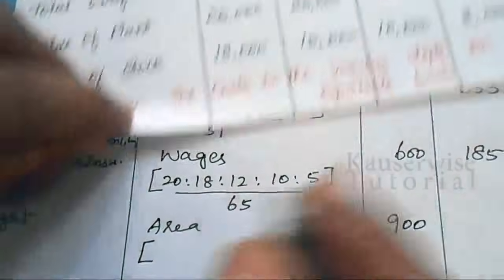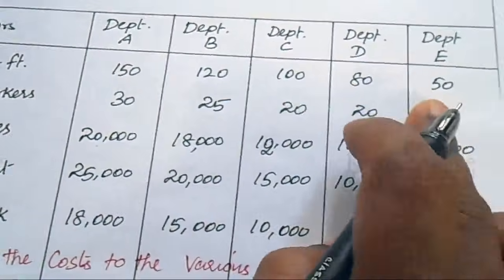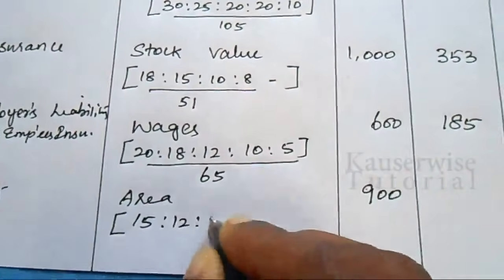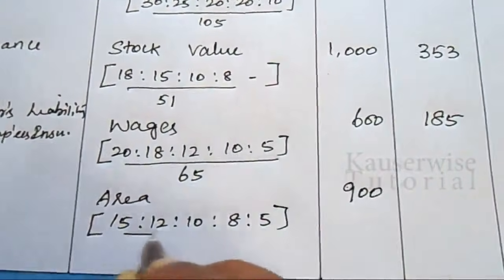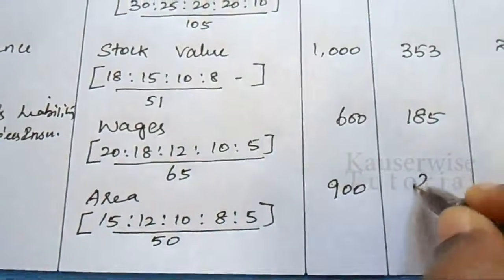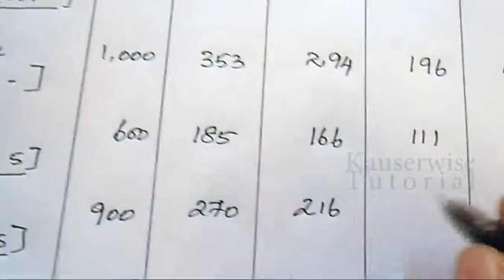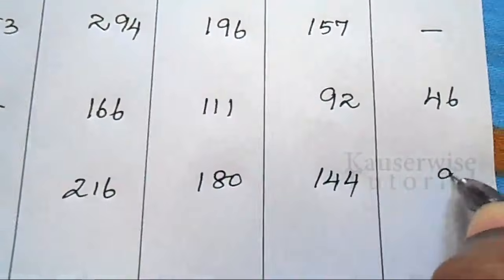So what is the ratio? 15:12:10:8:5. Total 50. Just multiply and find the value: 270, 216, 180, 144 and 90.